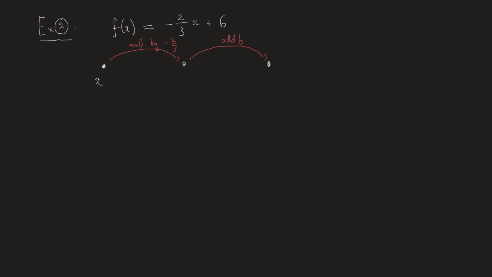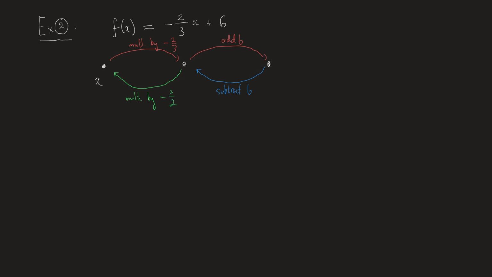So to undo those two steps, well, to undo adding 6, I'll subtract 6. And to undo multiplying by negative 2/3, I'm going to multiply by the reciprocal, remembering to keep that negative. So I'll multiply by negative 3/2.